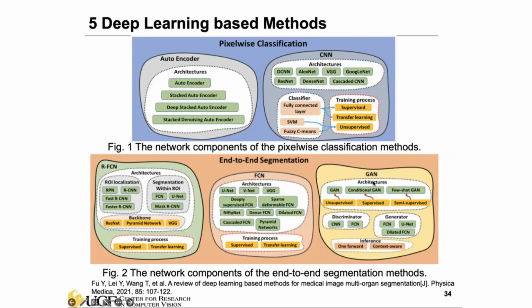They categorize these methods into different categories based on this taxonomy. So we have end-to-end fully convolutional neural networks, and GAN-based architectures to do the segmentation. If you're interested, you can go to this review and see the different categories of methods for segmentation.